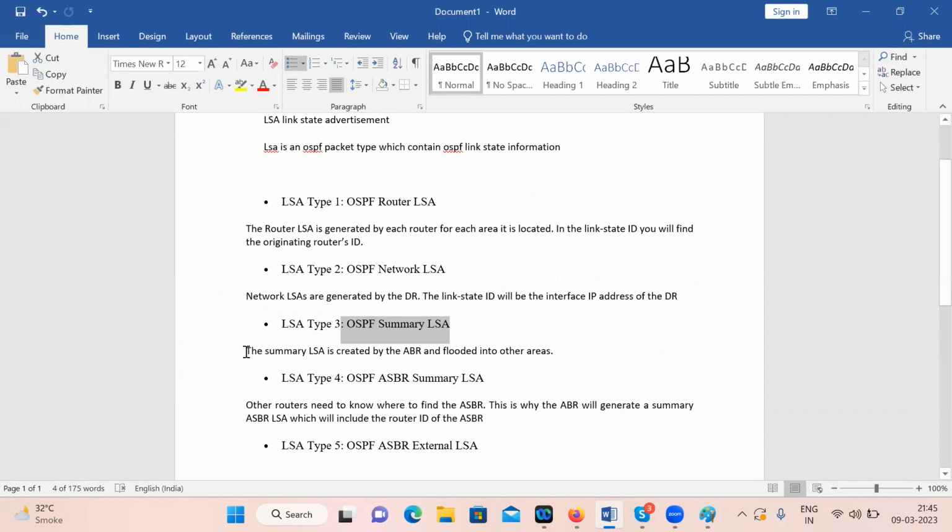Next, type 4 LSA, which is known as what?